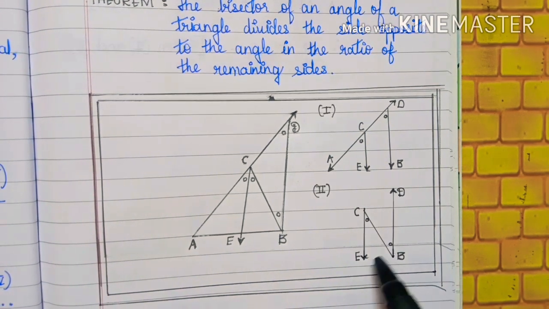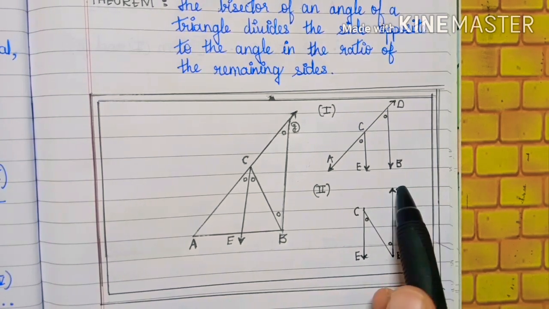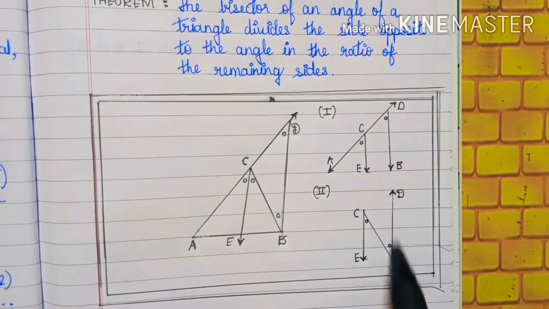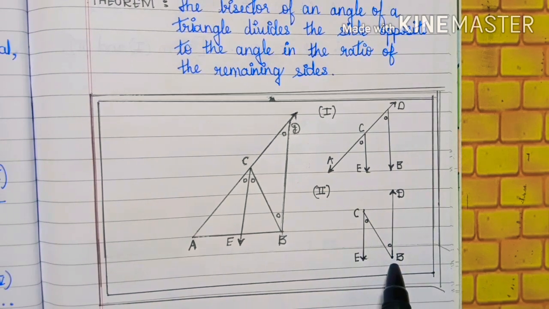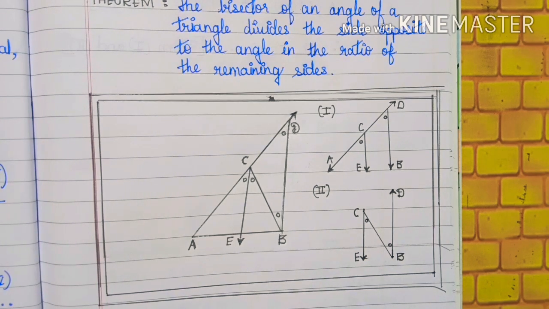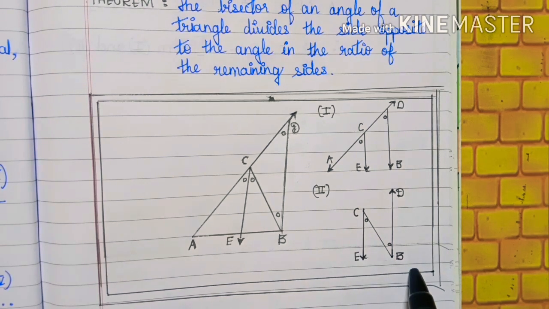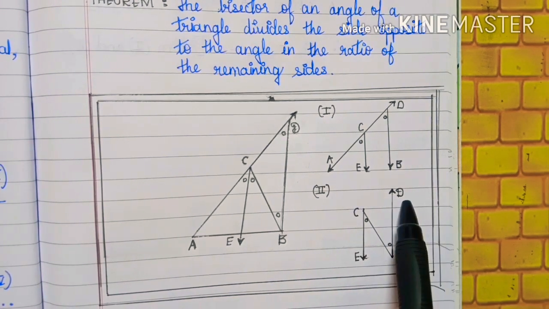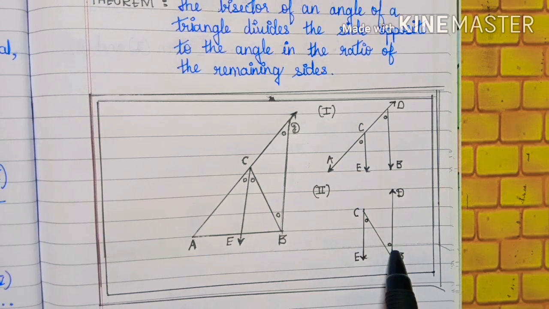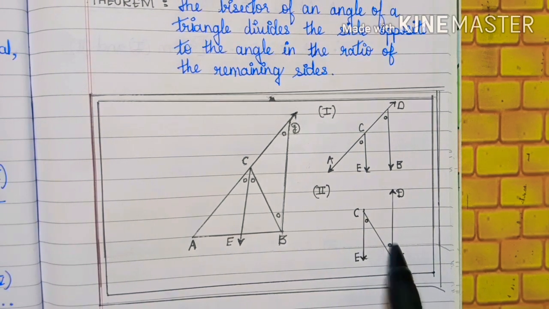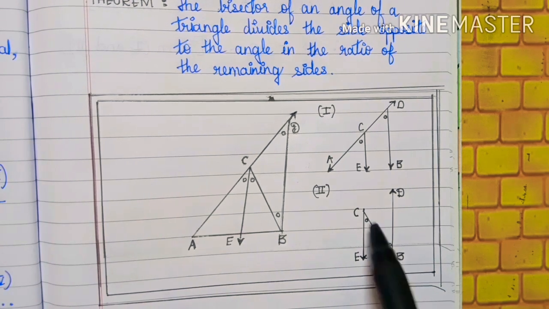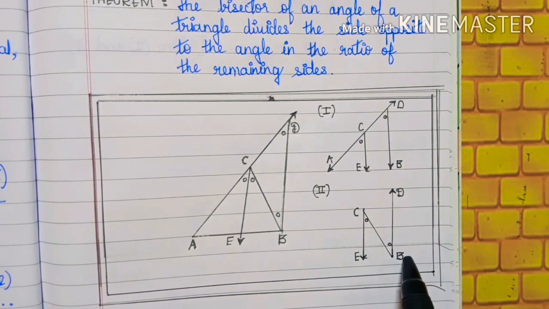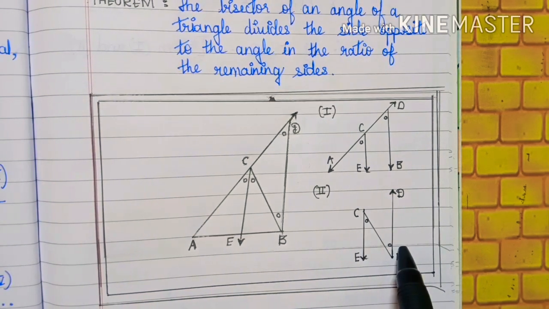So here, as we see, ray CE and ray DB are parallel lines and BC is the transversal. From this we see that angle ECB and angle CBD are equal because they are alternate angles.